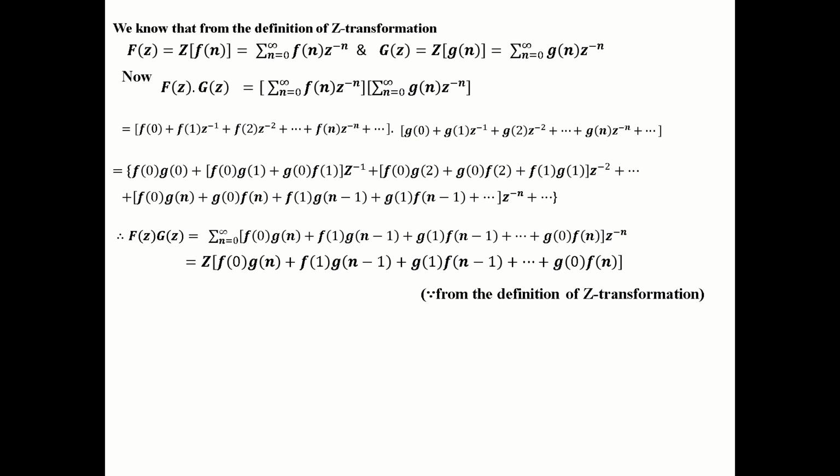Therefore, this is equal to Z of summation k equals 0 to n f(k)g(n minus k). So here you can write Z of f(0)g(n) plus etc. etc. plus g(0)f(n) as, because this is also a series summation, summation k equals 0 to n f(k)g(n minus k).